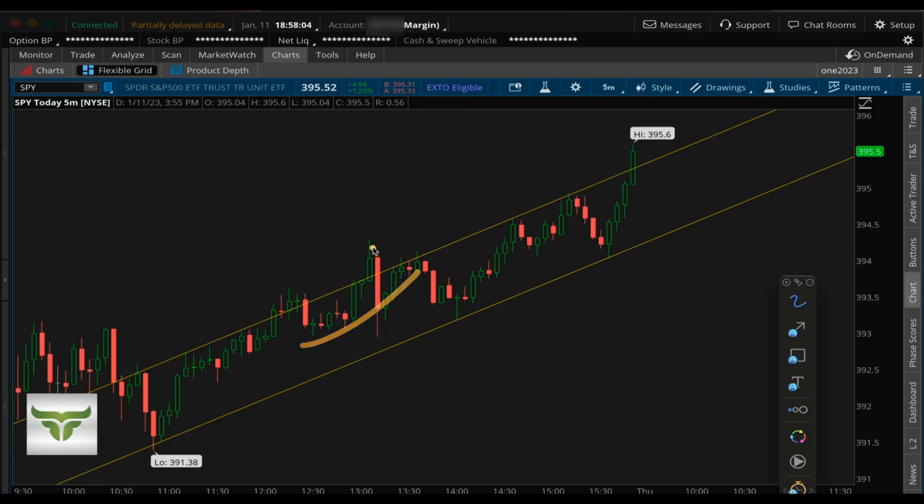They rip, break out of the channel right here, support, break through it, big dip, rip again, but it's going up in that channel and finally rips out of that channel, right? So that's your trading session.